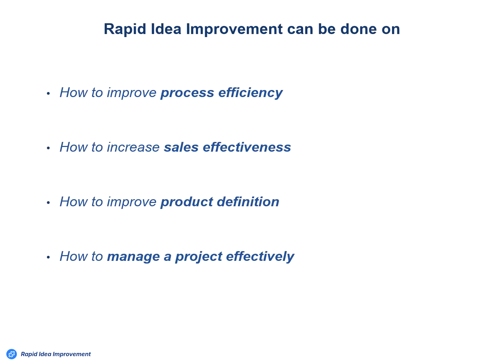Now, problem solving, the method at least, is independent of the type of problem you're solving. And so for business problems, a lot of the varieties of problems can be tackled using this problem solving approach. For example, how to improve process efficiency, how to increase sales effectiveness, how to improve the definition of a product or a value proposition, or even how to manage a project effectively.